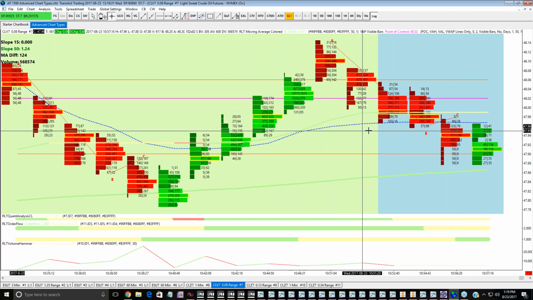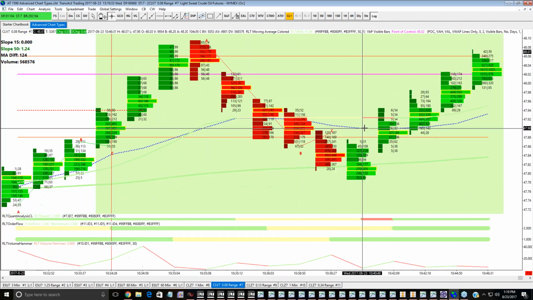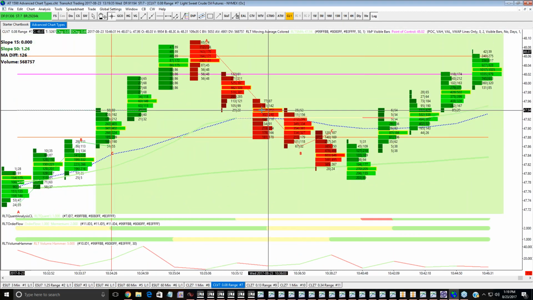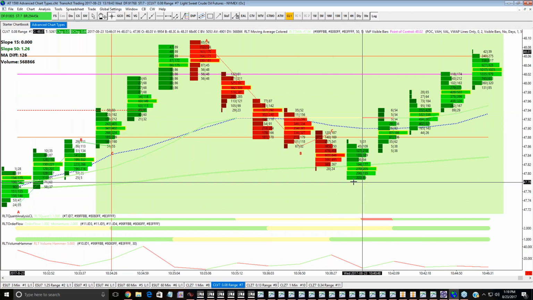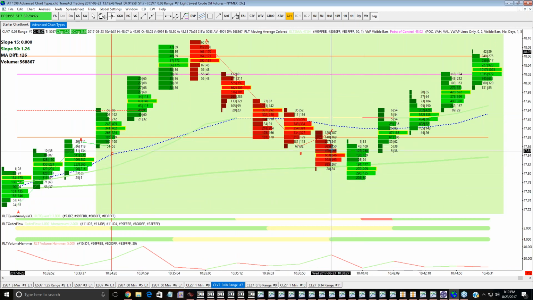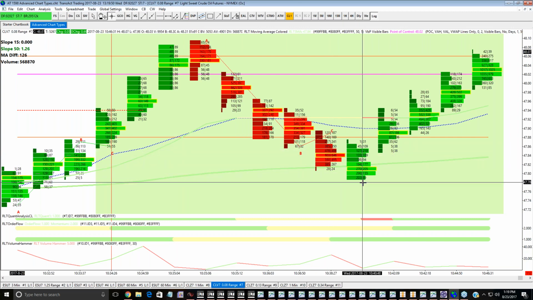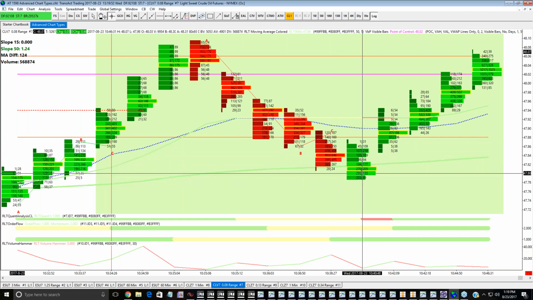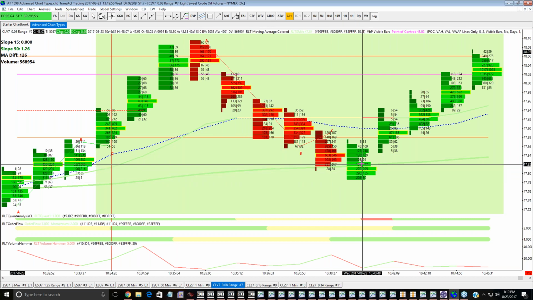Now what you're going to do is look and see whether most volume is below the point of control or above the point of control. And you're going to look for stacked buyers and stacked sellers. But you're going to look for a disparity where there's an intense amount of aggressive buying, like you see here.